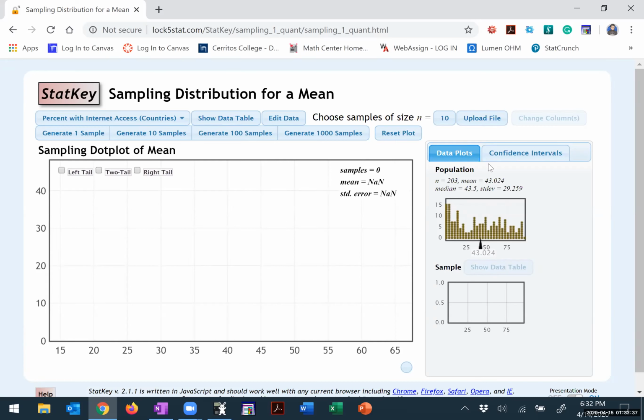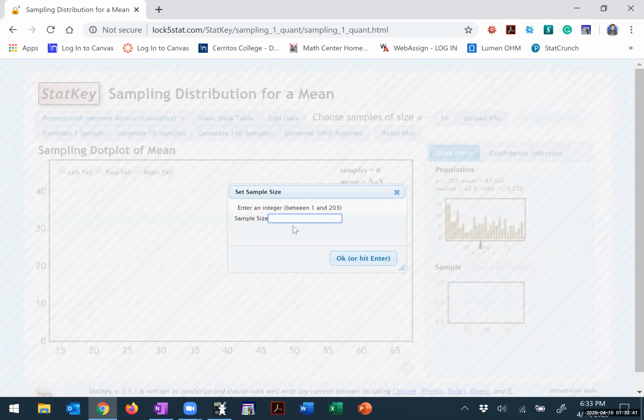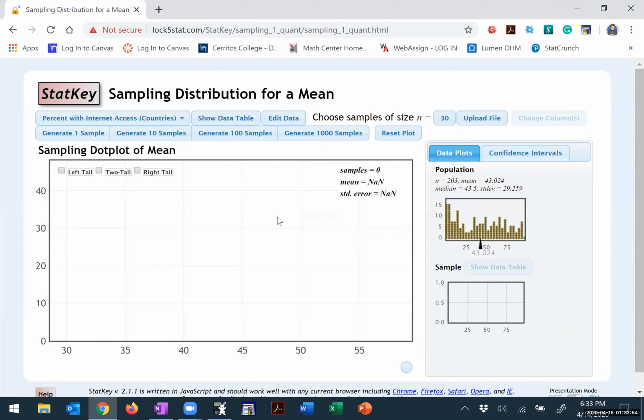We have a sample size of 10. I do not want a sample size of 10. I want a sample size of at least 30. So sample size should be 30. Then I can generate data.